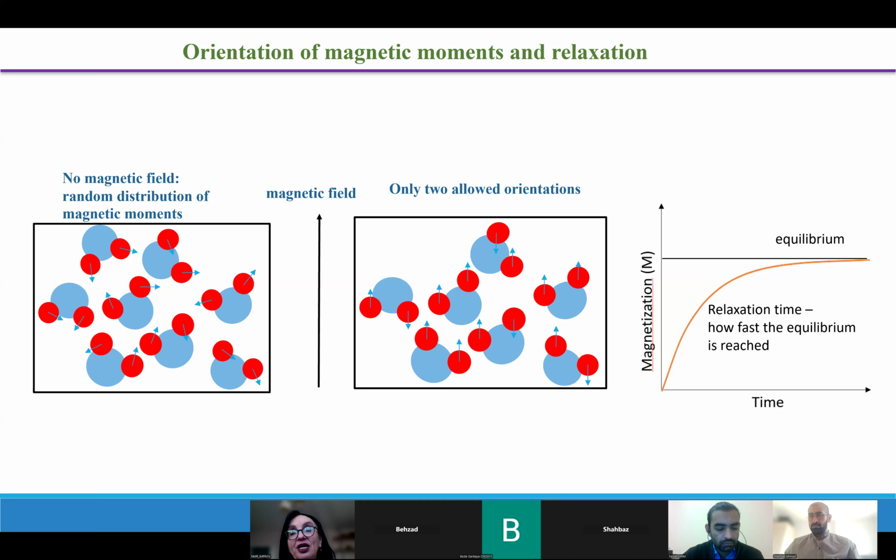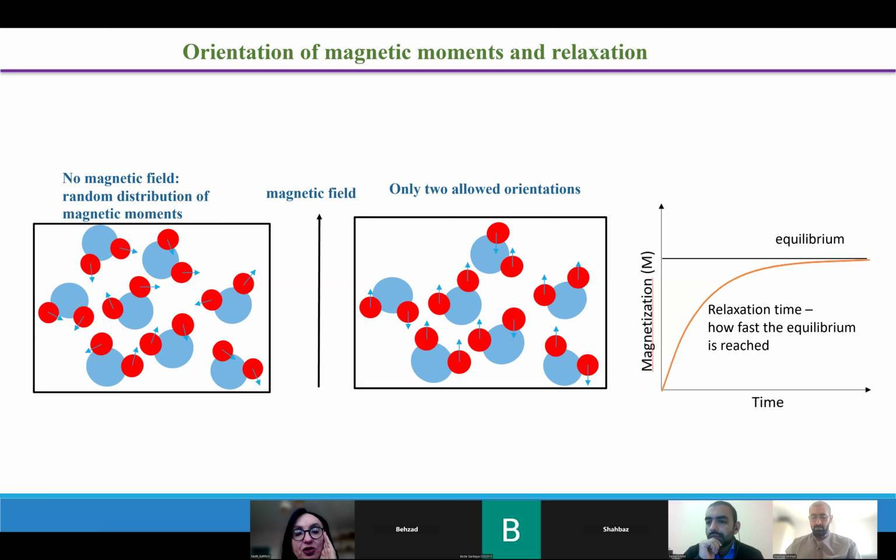But instead of just saying that there are two possible orientations, I can say there are two quantum states available. One is of lower energy, one is of higher energy, and the one of lower energy is, of course, more populated. So we associate it with the orientation of the magnetic moment, but this is much more complicated than just arrows which change orientation.